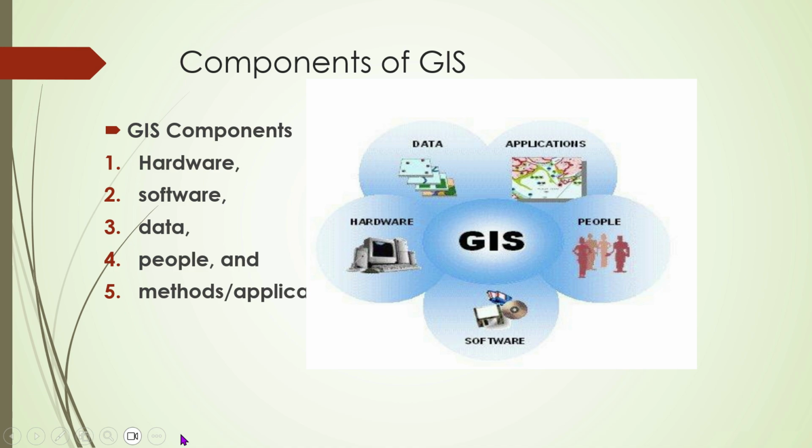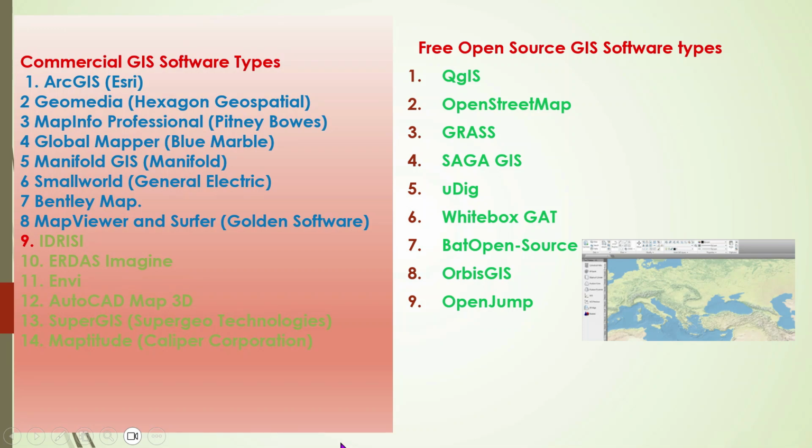Because we require people, which we usually refer to as wetware. That means hardware, software, and wetware, and then data. The wetware comprises the method and procedural techniques to apply GIS in any context.